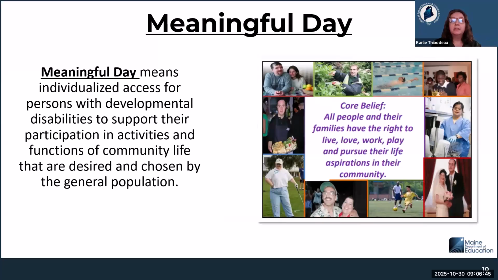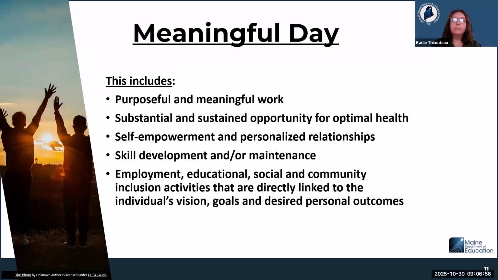So really thinking about how this transition plan can support this person to be as active as they can be within their community and beyond high school, because this is all about transitioning them from that high school life and then helping them become productive as they transition out of high school.